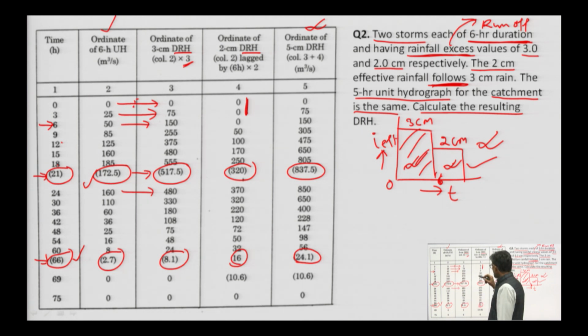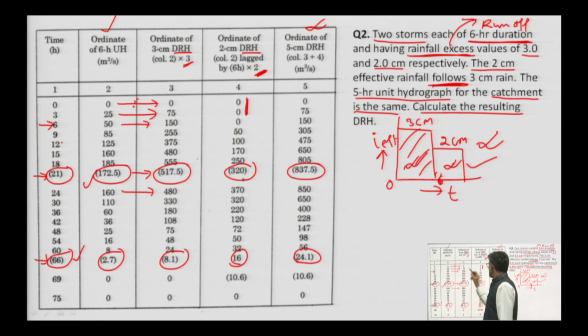So, for the 2 centimeter DRH, how will we calculate the ordinate? We will multiply the ordinates shown in column 2 with the effective rainfall, 2 centimeter.